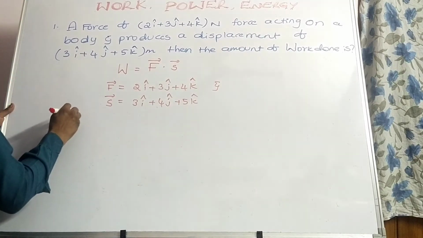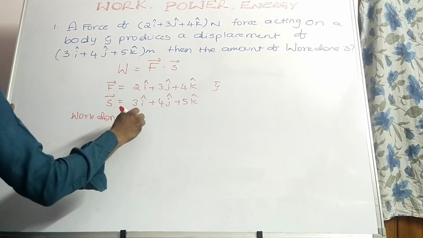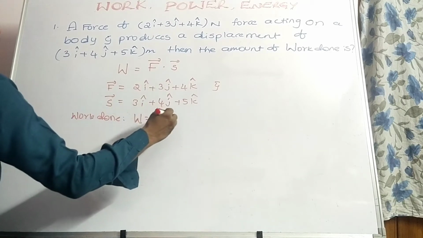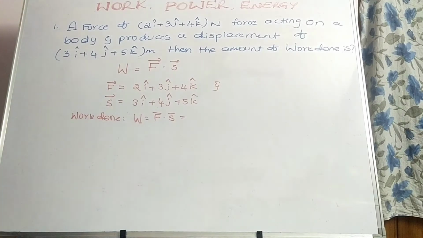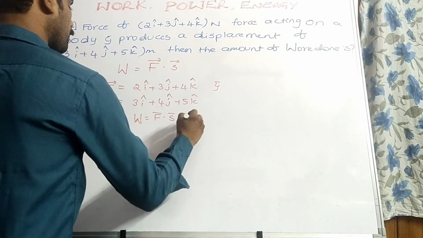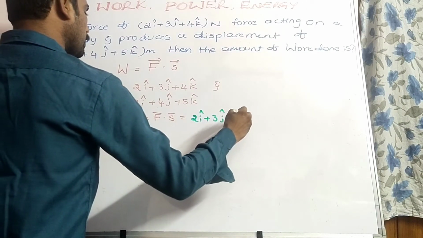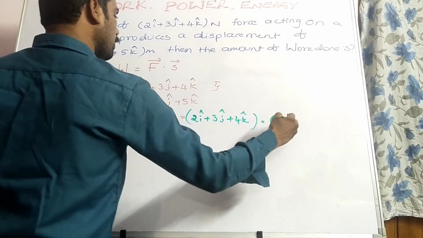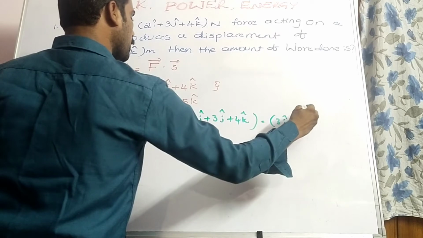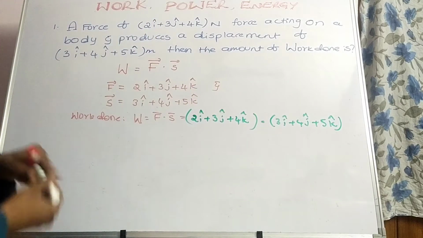Then the work done, W is equal to F bar dot S bar, which is (2I cap plus 3J cap plus 4K cap) dot (3I cap plus 4J cap plus 5K cap).